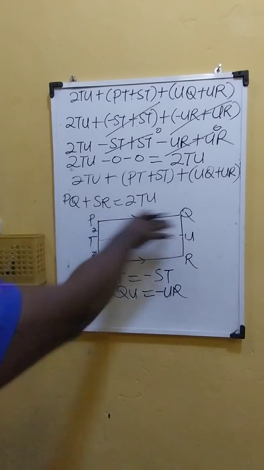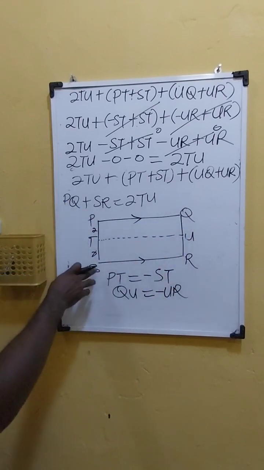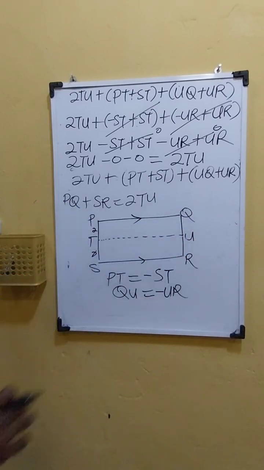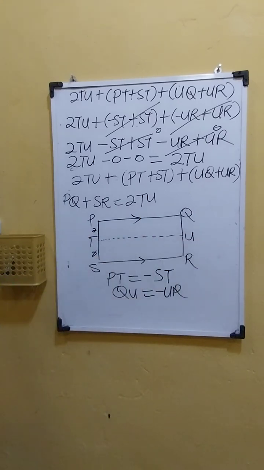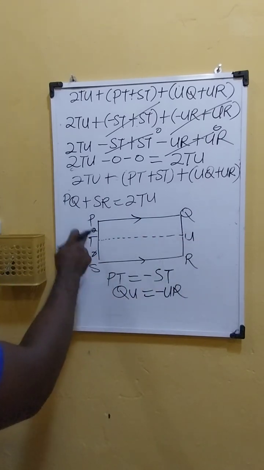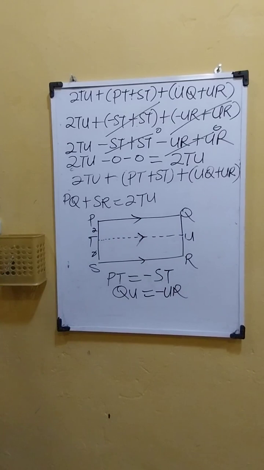So the movement of the vector is PQ. The other part of the vector is S arrow. That's the first movement. And they told you that it has a midpoint. That midpoint means that it says the midpoint is T to U. And from the question itself, they said that you have another movement from PT.